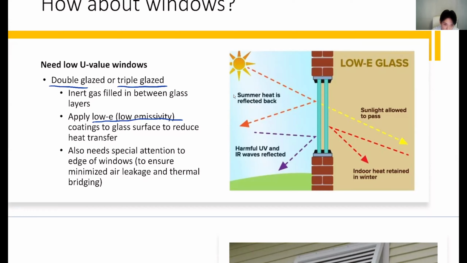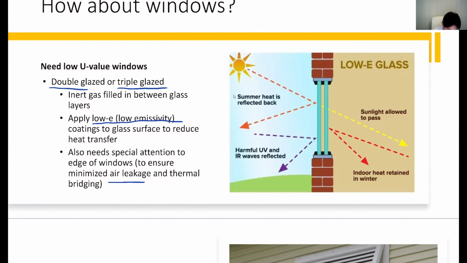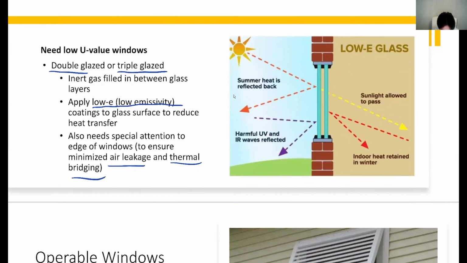So we need to pay special attention to the edges of the windows or doors, or the connection points between different enclosure elements, to ensure that our design is continuous, right? So those are the two main parts: thermal leakage and thermal bridging. We want to avoid them by paying special attention to the edges and corners.